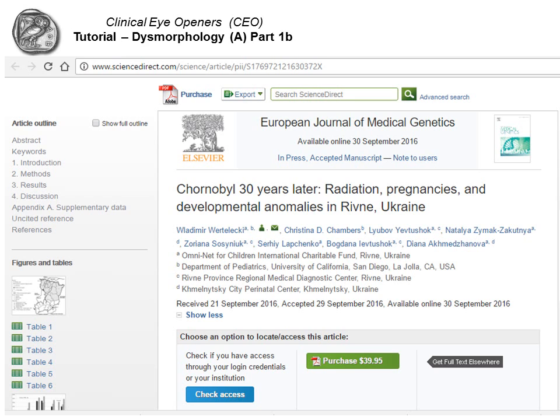Here is a very recent report that happens to be our own, underscoring the relationship of radiation to pregnancy outcomes and congenital malformations in a zone polluted by Chernobyl radiation. Radiation is a mutagen.